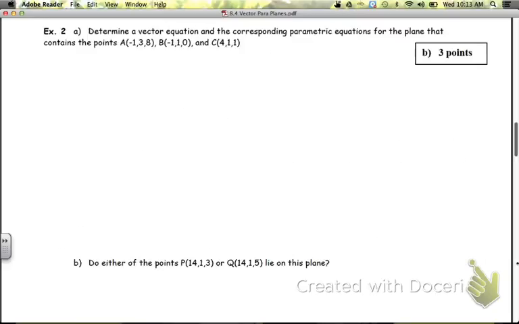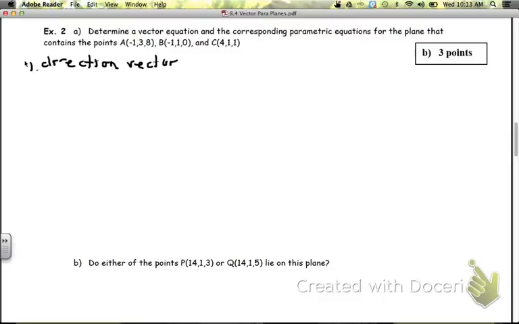Now we can look at our example 2. We want to determine a vector equation and the corresponding parametric equations for the plane that contains the points A, B, and C. Our first step is to find our direction vectors.